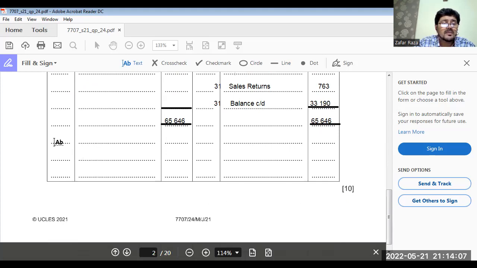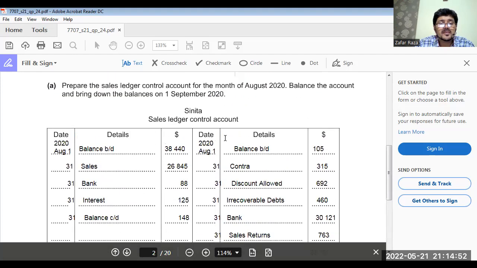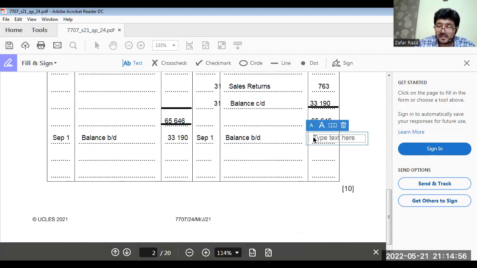Now what do we have to do? We have to write balance BD. So on September 1st, balance BD 33,190, and September 1st, balance BD 148.